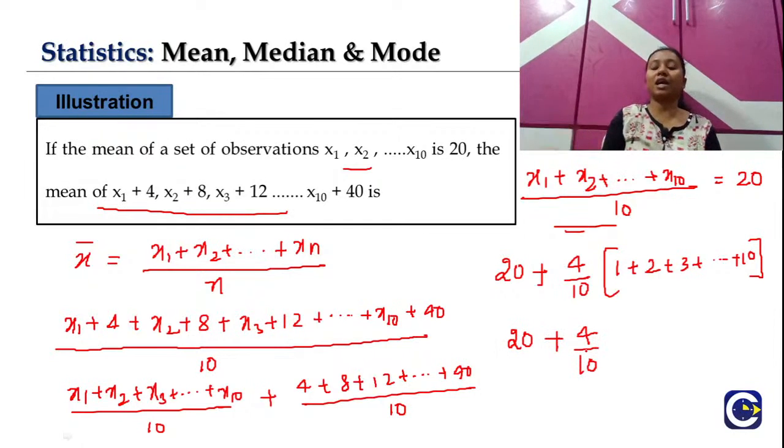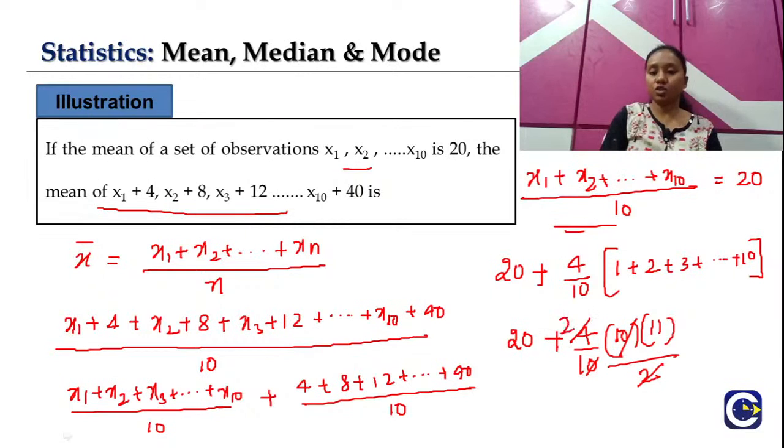So we can directly apply our formula for the sum of the first n natural numbers, which is n into n plus 1 divided by 2. So here n is 10. So 10 into 10 plus 1, 11, divided by 2. So this 10 and this 10 will get cancelled, and 2 here 2 times, which means 20 plus 11 into 2, 22, which is equal to 42.